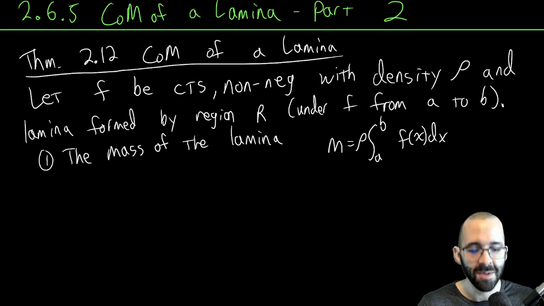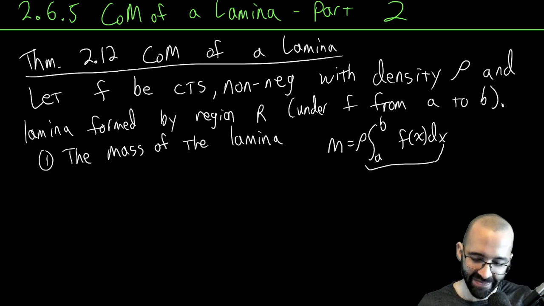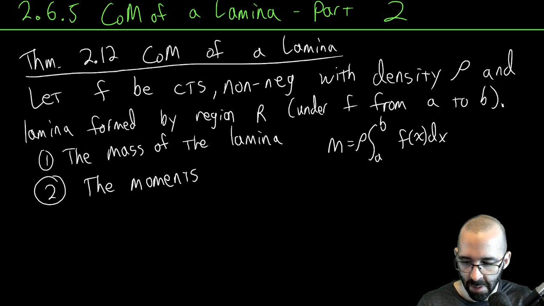Mass is just area times density. Well, this is the area. That could have been an easier way of coming up with this, right? Mass is area times density.